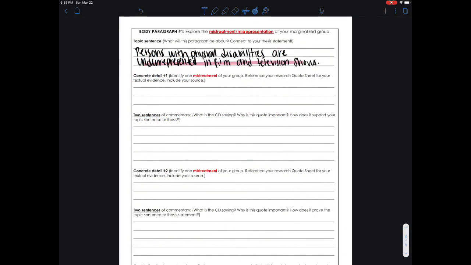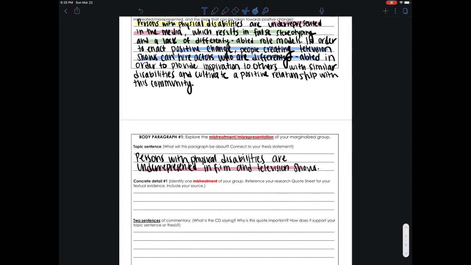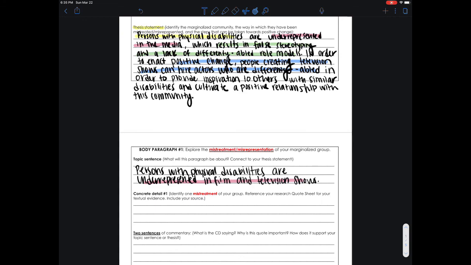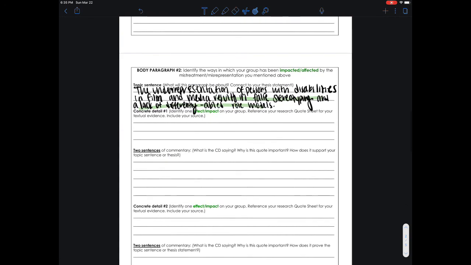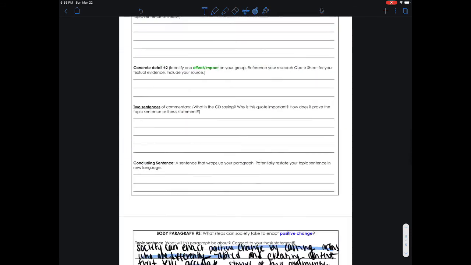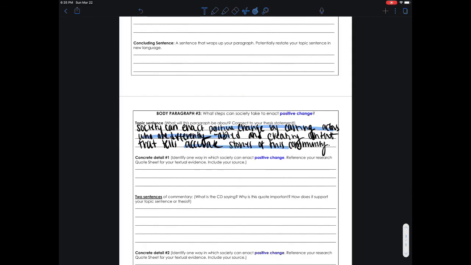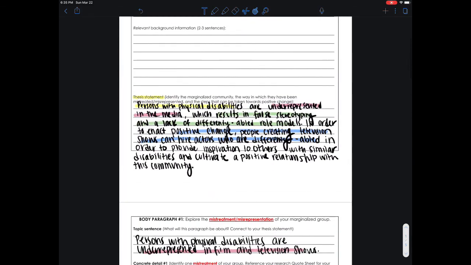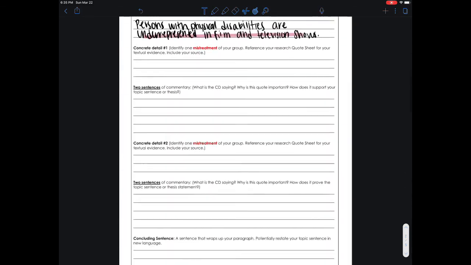So just to show you again, in the actual outline, I recommend you make sure that your highlights are matching, and you can see, so represented in film and media, underrepresented in film and television shows, results in false stereotyping and lack of differently abled role models, so same thing, and then finally, positive change, positive change. So this is what it would look like in your outline.